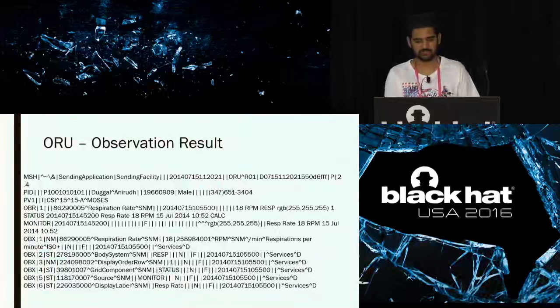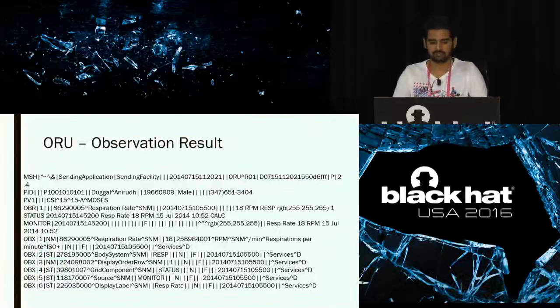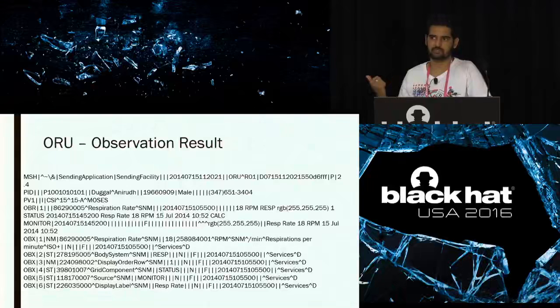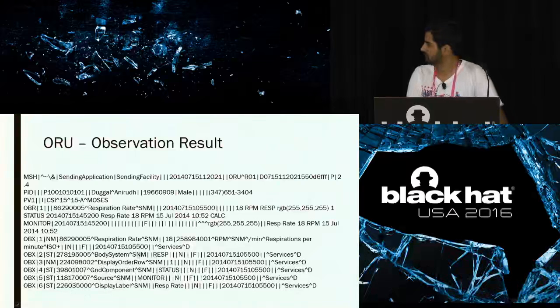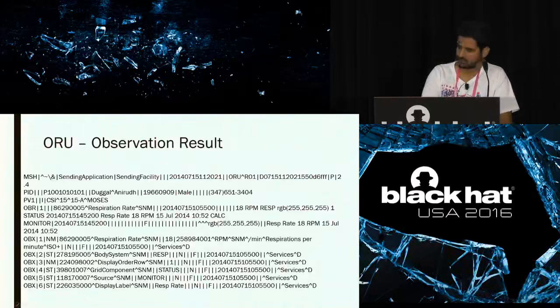This is the final one that we'll be talking about. This is the observation result. I'm sorry, I messed it up with the previous one. This is responsible for the messages that are sent if you run an ICU. These give real-time information on the patient vitals. If you look over here, it says respirations per minute and so on.